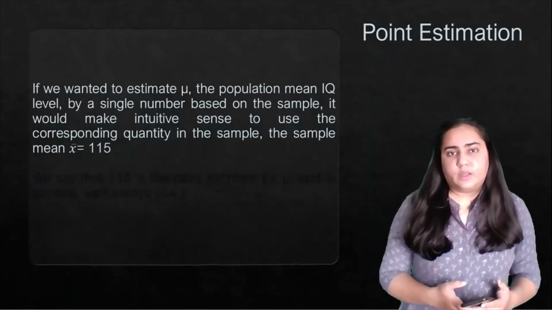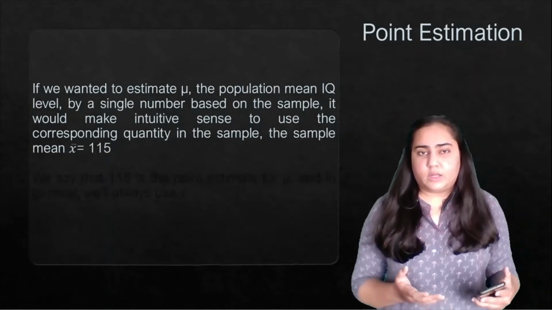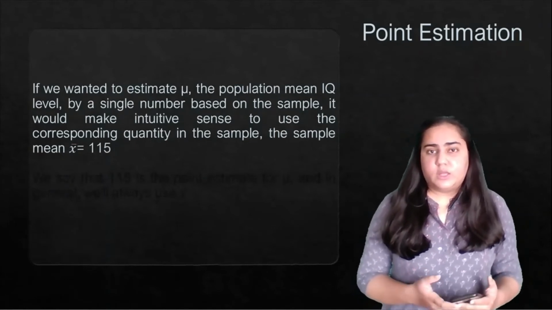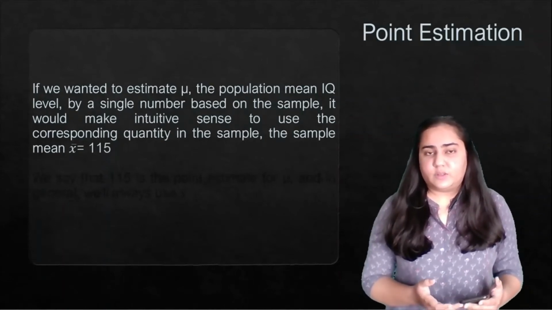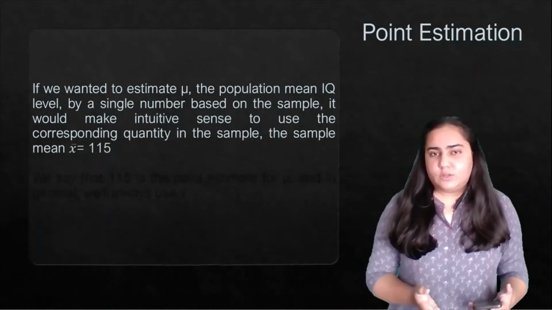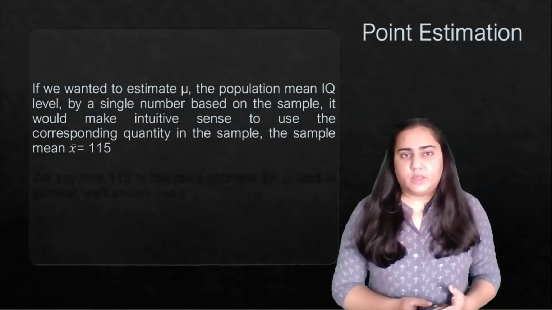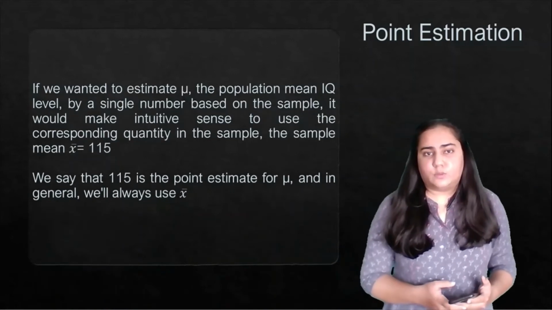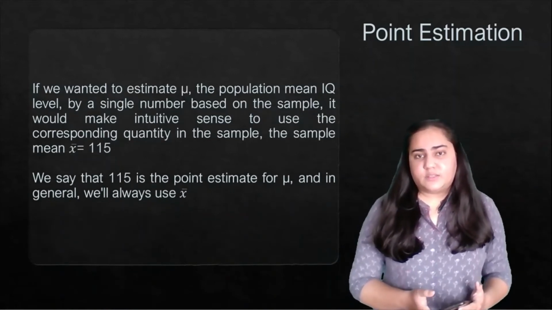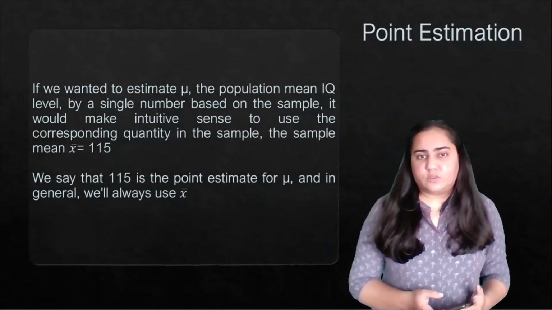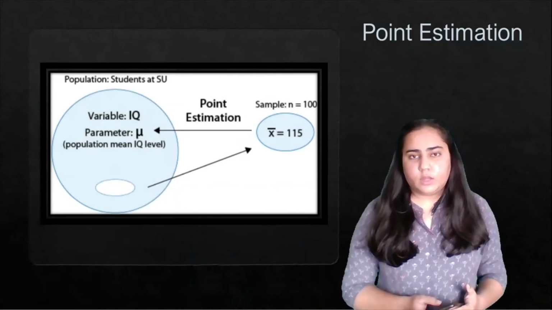That's not possible. So if we wanted to estimate mu, the population mean IQ level, by a single number based on the sample, it would make intuitive sense to use the corresponding quantity in the sample, which is x bar equal to 115. So we say that 115 is the point estimate for mu, and in general, we'll always use x bar.